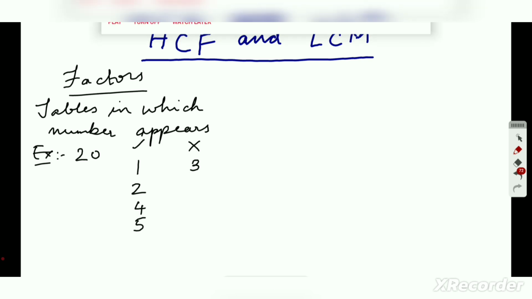Does it appear in the 6 table? 6 into any number, is it 20? No. So 6 is not a factor. Does it appear in the 7 table? No. The 8 table? No. What about 9? No. What about the 10 table? 10 twos are 20. So 10 is a factor. Does it appear in 11, 12, 13, 14, 15, 16, 17, 18, 19?